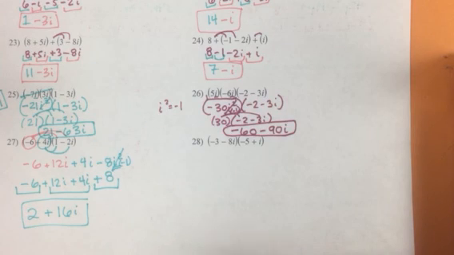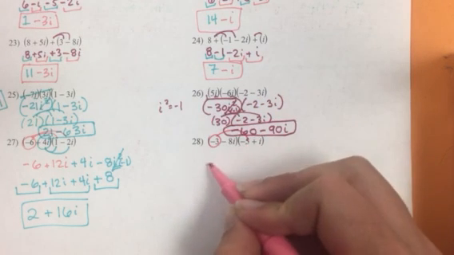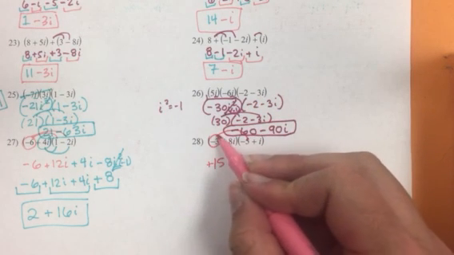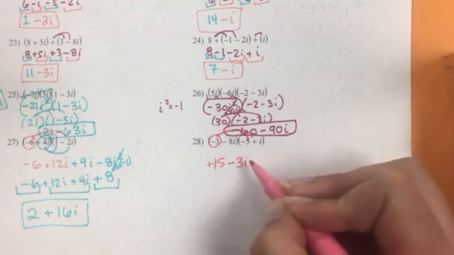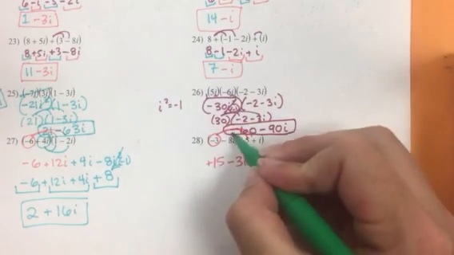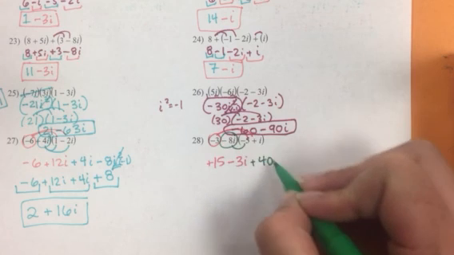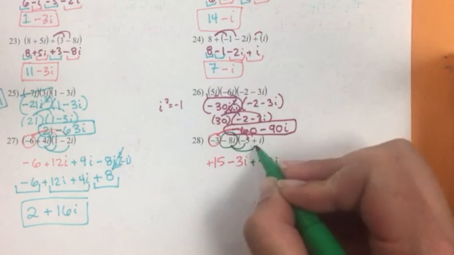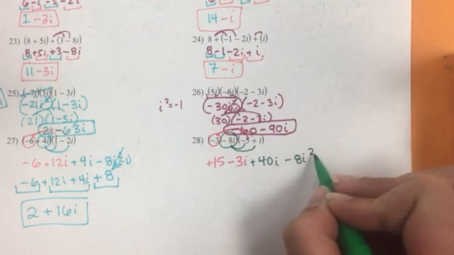On the last one, we distribute the negative 3 in. Negative 3 and negative 5 make a positive 15. Negative 3 with 1i. Negative 8 times negative 5 is positive 40 with 1i. Negative 8 times that was negative 8 with 2 i's this time.